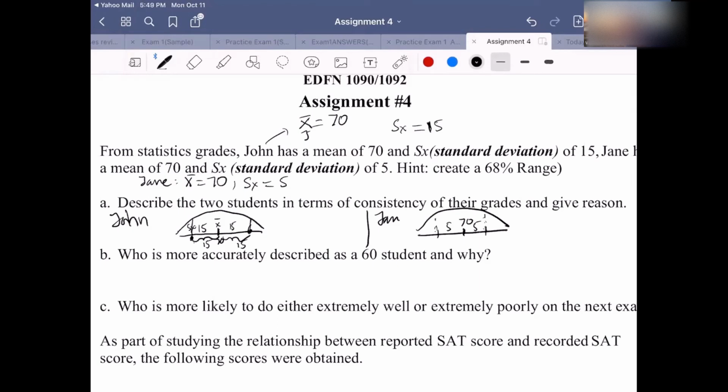So if you look at the two graphs here, whose scores are more spread out, everyone? Type in the chat for me whose scores are more spread out.